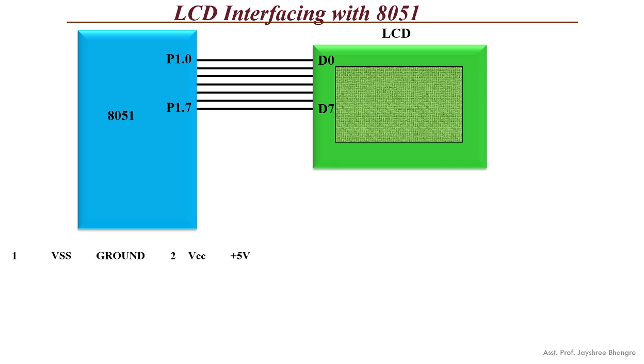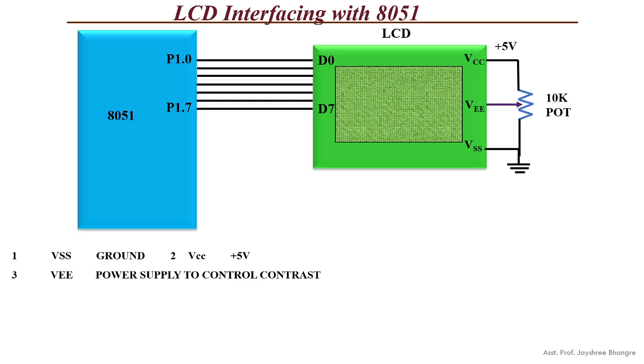The VSS pin of the LCD is connected to ground and the VCC pin of the LCD to +5 volts. Now we have to connect VEE, the power supply to control contrast. This pin must be connected to a potentiometer so that we can control the contrast by varying its value.